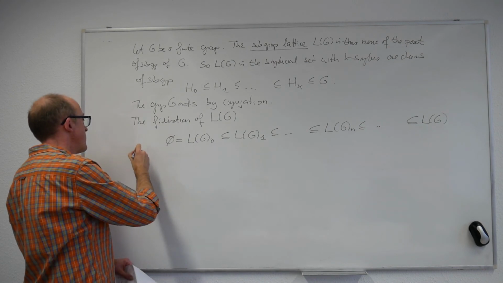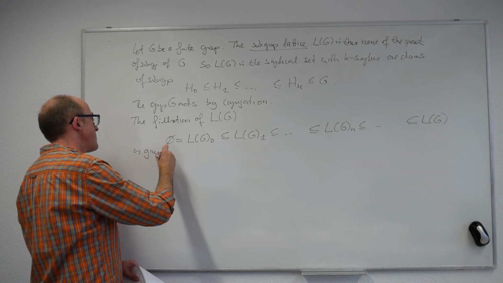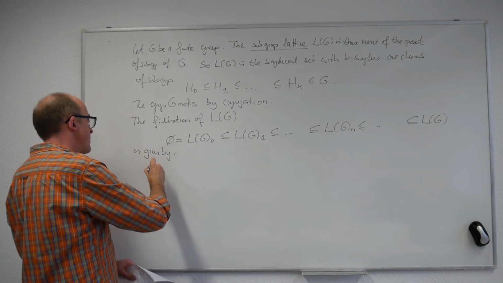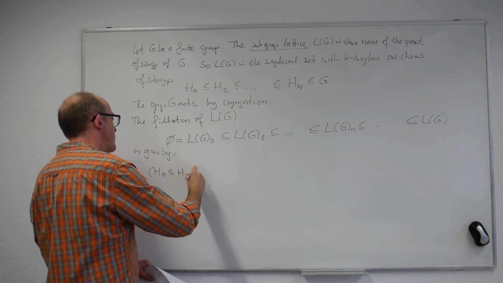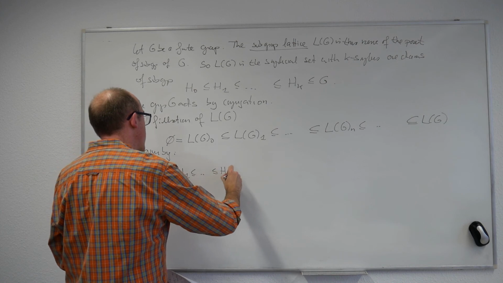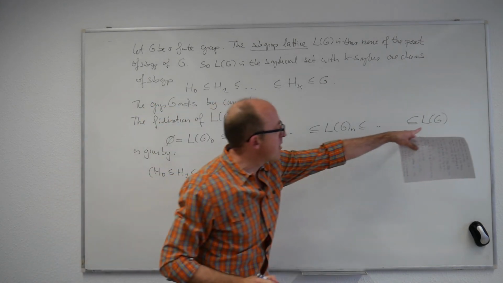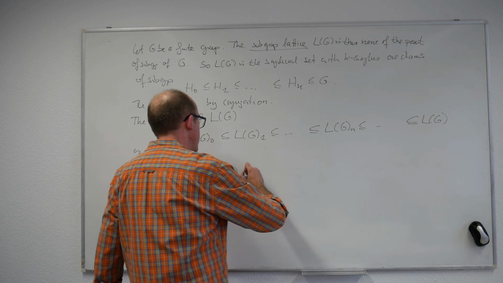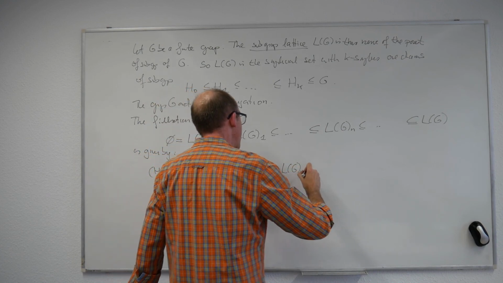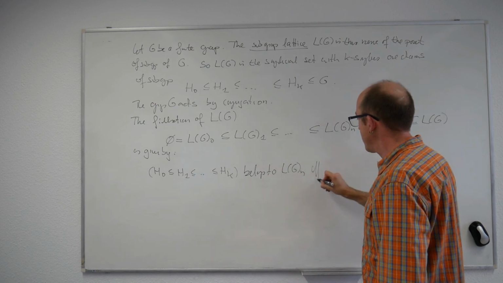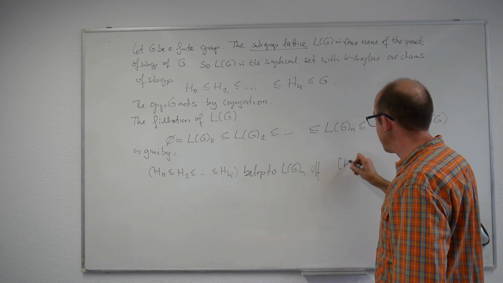It's given by a chain H0 less than or equal to H1 less than or equal to Hk, which is a k simplex of L of G, belongs to the nth filtration, L of G n, and is a k simplex in there, if and only if the maximal index is less than or equal to n.